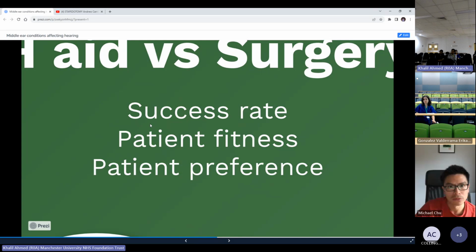How many of you, when you list someone for a myringoplasty, quote 80% take rate on the graft? Yeah? That's the nationally accepted take rate, isn't it? But from my experience in Glasgow, the take rate went from 92% down to 50%.